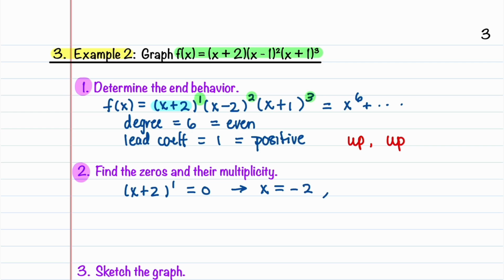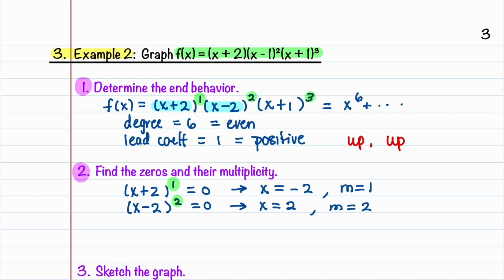And because our exponent was a 1, our multiplicity is equal to 1. Now let's look at our next factor. That is x minus 2. We have x minus 2 squared. Set that equal to 0. This gives us x is equal to 2. And our exponent is a 2. So our multiplicity is equal to 2.